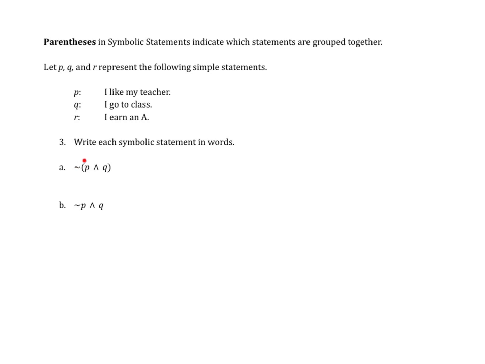We can't distribute that negation to each simple statement. We leave it in the front, and the way we write this in English is we just put the words "it's not true that" in front. So whenever you have a negation and then a set of parentheses, you're just going to start off with "it's not true that," and then you put whatever was inside parentheses.